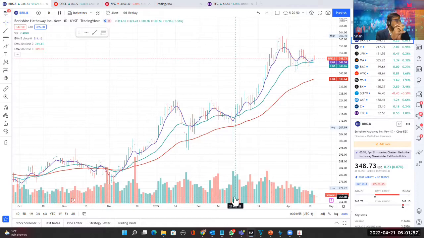I am using some moving averages. I'll explain more about the moving averages maybe in the next class. But at this moment, what you can see is this stock is above the 5 moving average, 20 moving average, and 50 moving average. I have selected the exponential moving average here.